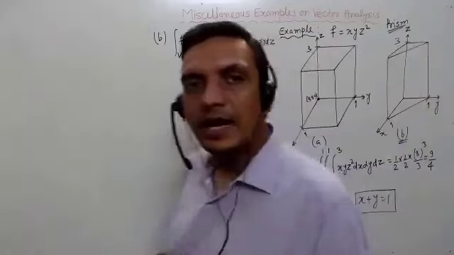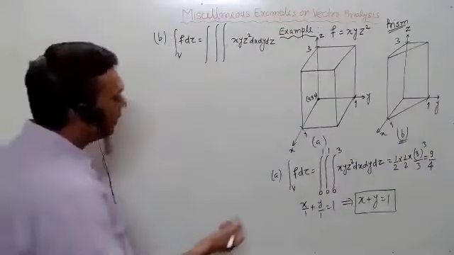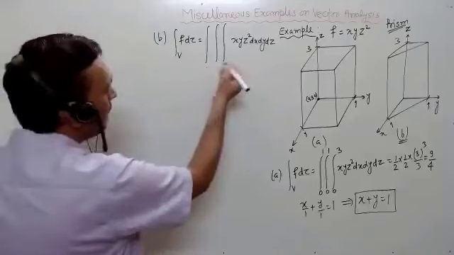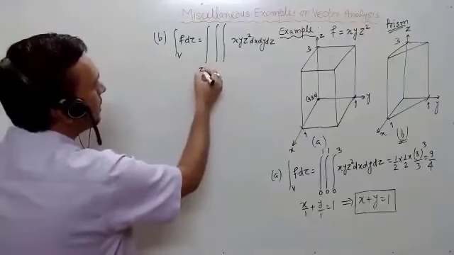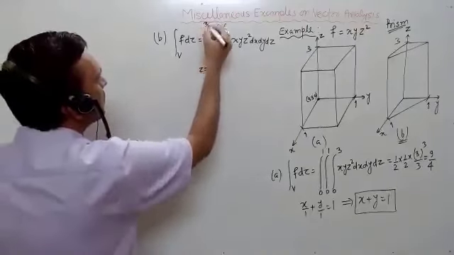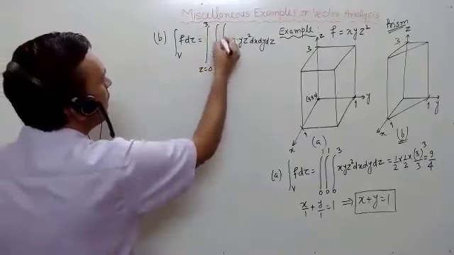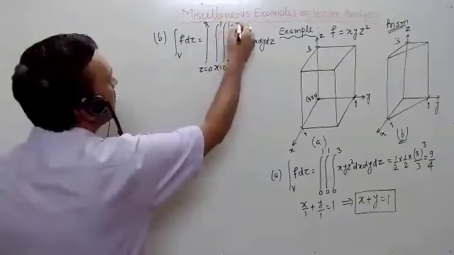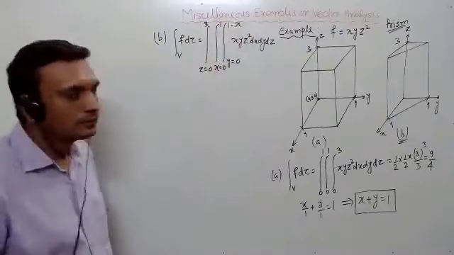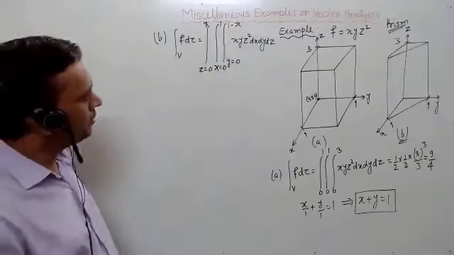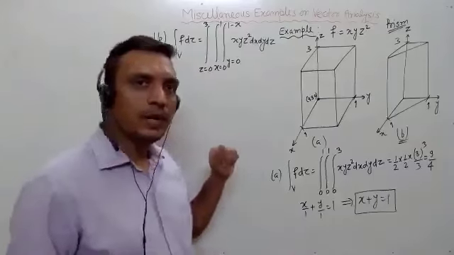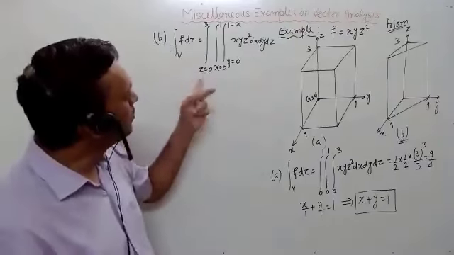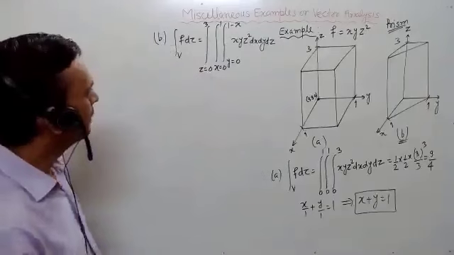So x and y are dependent. So accordingly, let us take z from 0 to 3, x from 0 to 1, and then y will be 0 to 1 minus x. So calculate this integral because x and y are dependent. You can convert either in terms of x or y.